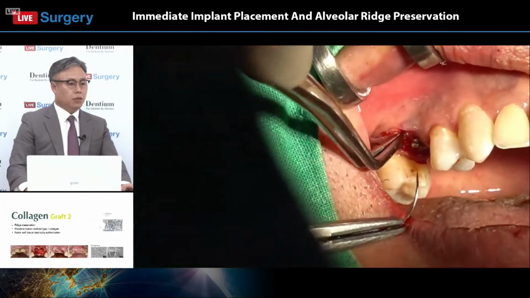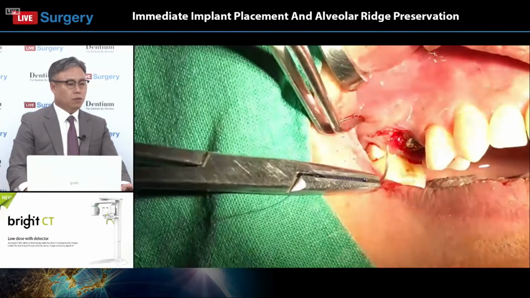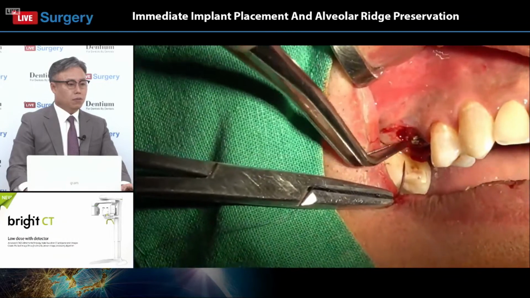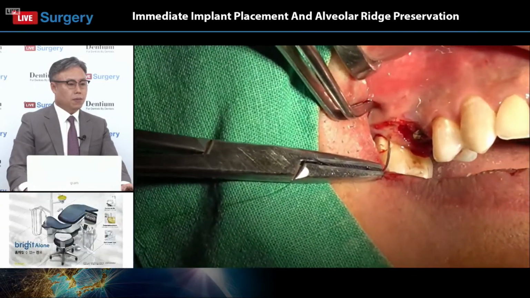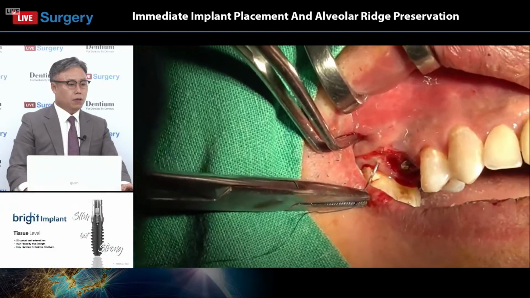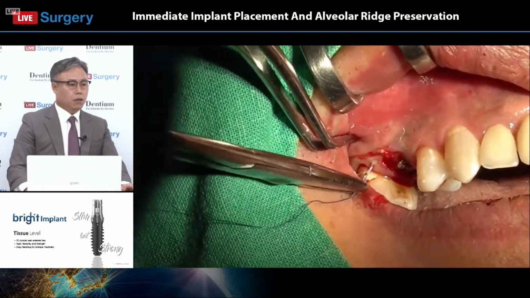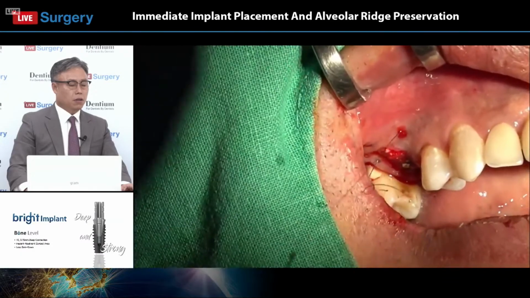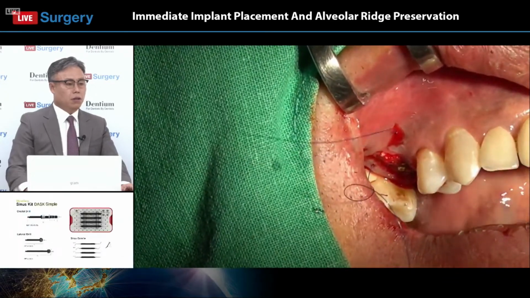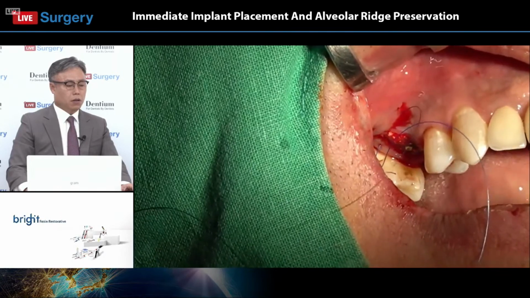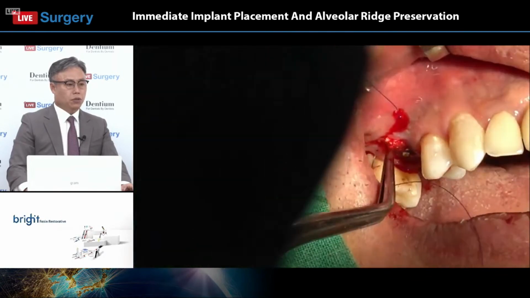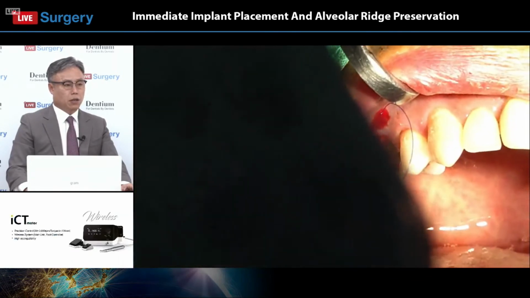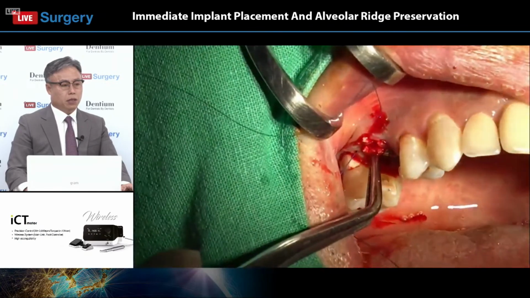Now he's suturing. I'm not sure whether he's using the hidden X suture or not, but he starts with the buccal side.